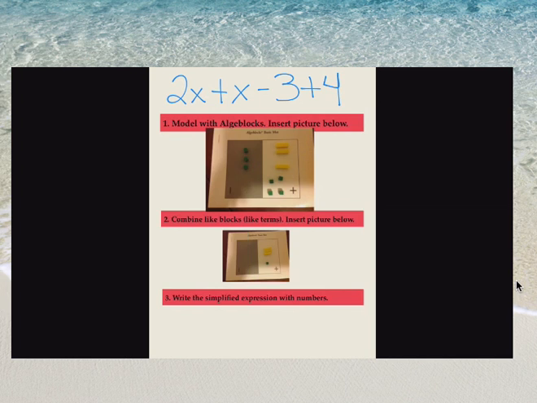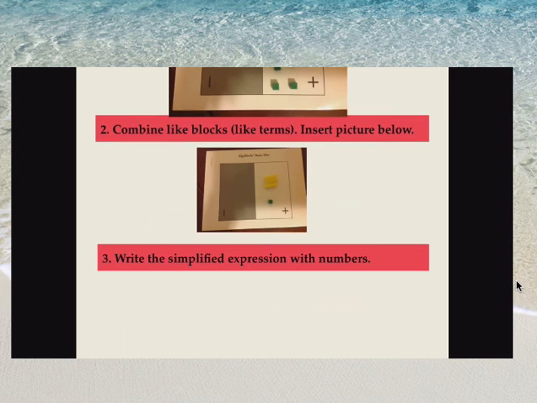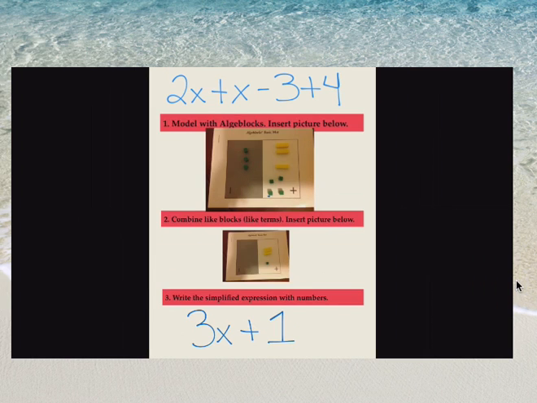Okay, so here's our picture of our simplified expression. And remember, our last step is to now write the simplified expression with numbers. Okay, so I can see from my picture that I have a total of 3x showing, and they're all positive, plus positive 1. So if we go back to our original expression, remember we had 2x plus x minus 3 plus 4.